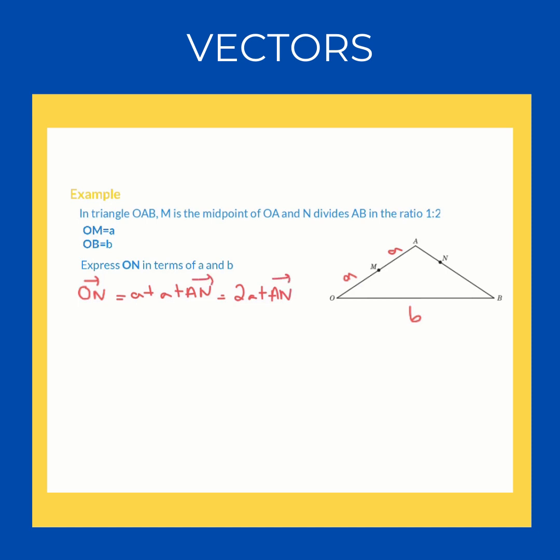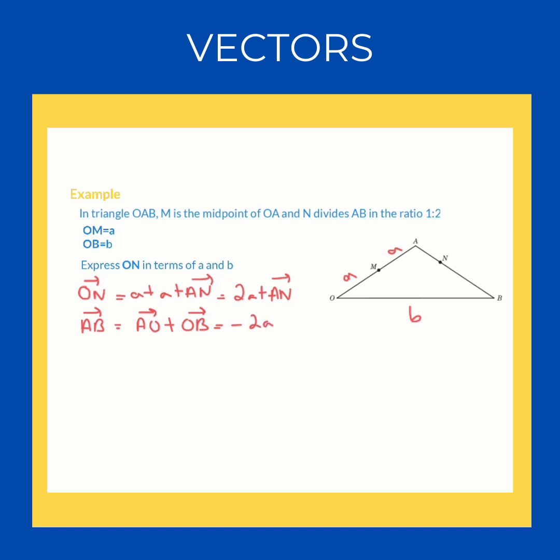Now how can I find AN? So first I have to find AB. To find AB, I have first to go from point A to O, so AO, and then from O to B, so plus OB. Now AO is equal to negative 2a, and why negative here?